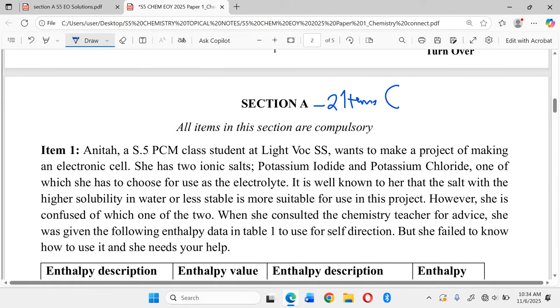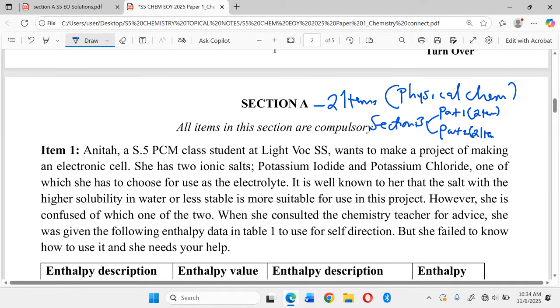And these ones are basically coming from that branch of chemistry that is physical chemistry. And then we have section B. Section B has 2 parts. It has part 1 and also it has part 2. Now, part 1 has 2 items, and part 2 also has 2 items.